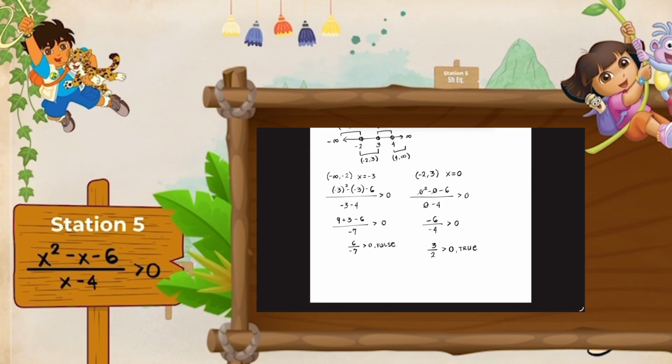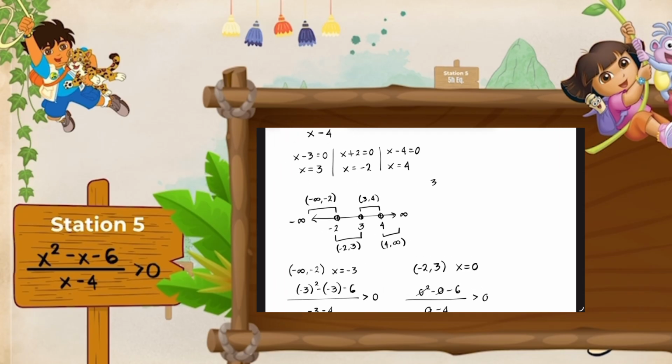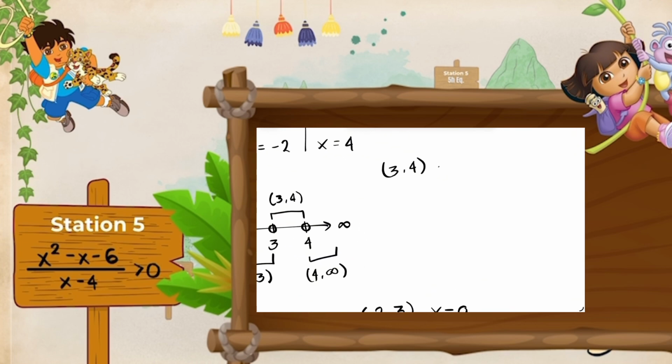Next, we have positive 3, positive 4. Let's choose 3.5. So 3.5 squared minus 3.5 minus 6 over 3.5 minus 4 is greater than 0.